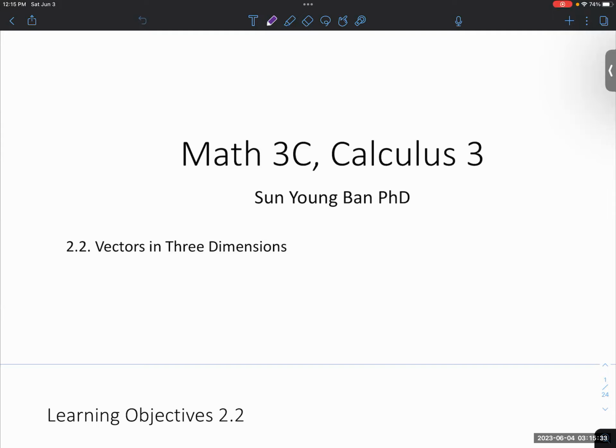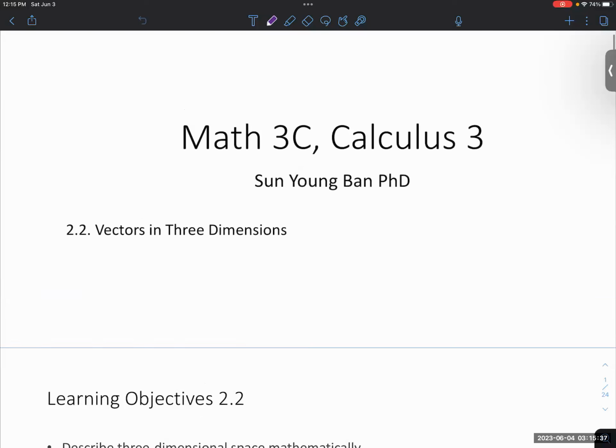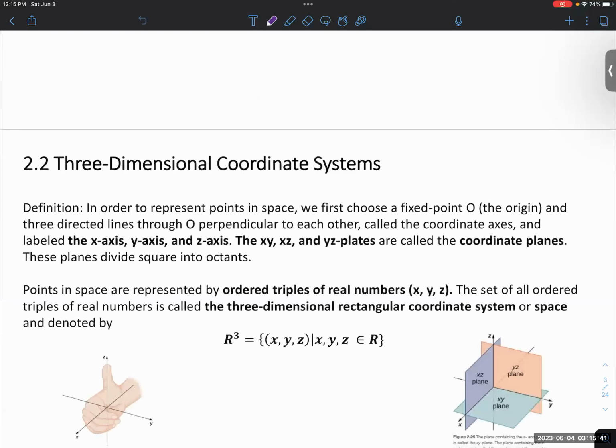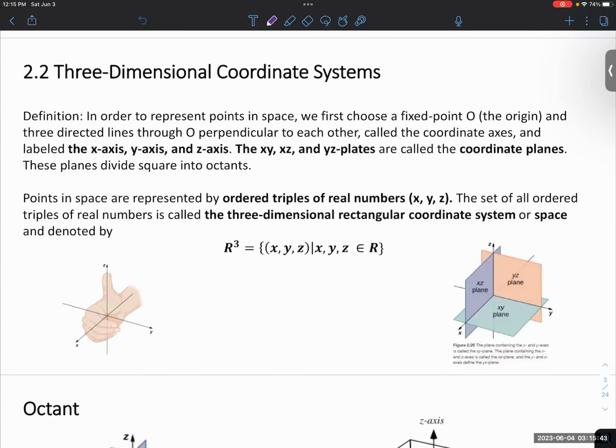All right, so let me introduce the vector in three-dimensional space and how it looks different from two-dimensional space. If you remember, a vector is a quantity. It includes magnitude and direction.